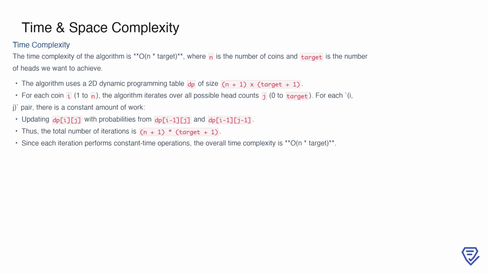For each pair of indices i, j, we perform a constant amount of work. This involves updating the probability values in dp[i][j], using data from the previous row, specifically dp[i-1][j] and dp[i-1][j-1]. Since there are (n plus 1) * (target plus 1) iterations in total and each requires constant time, the overall time complexity simplifies to O(n * target).